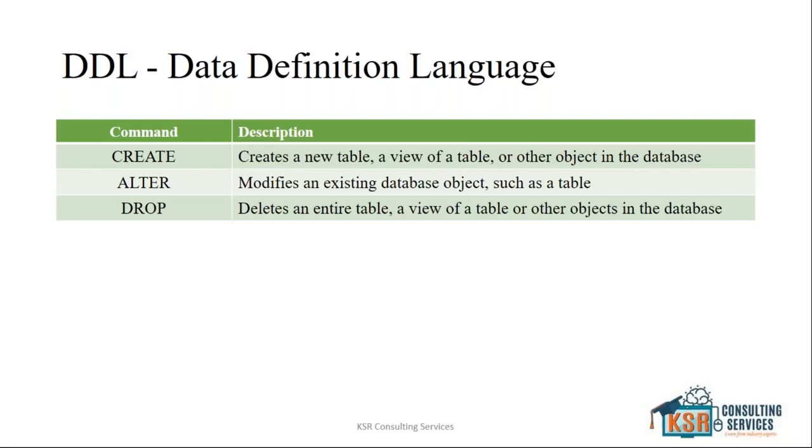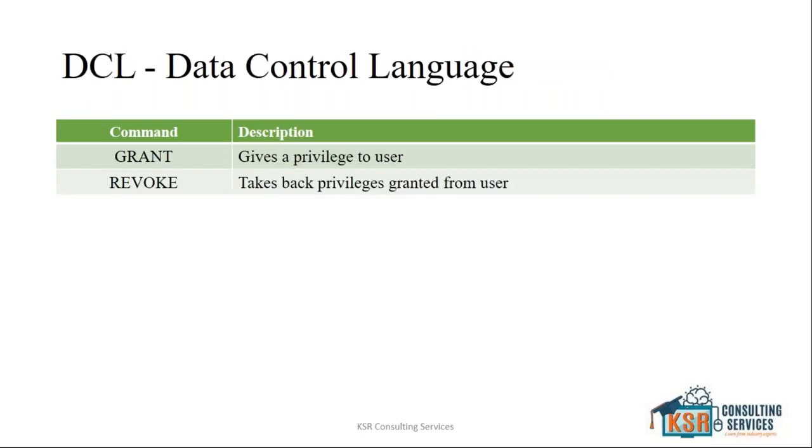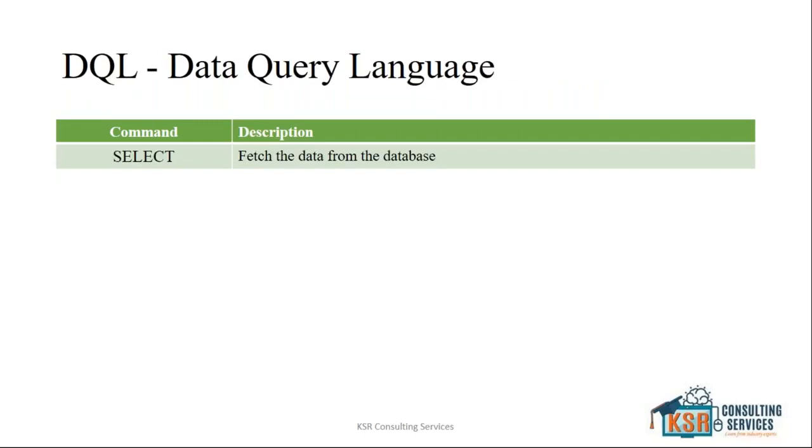Create, alter, drop. Now, data manipulation language is where you're manipulating the data: insert, update, delete. And we have seen something like data query language. Very simple. It is the only command used to see the records, that is the select command. Usually we don't read this as DQL.